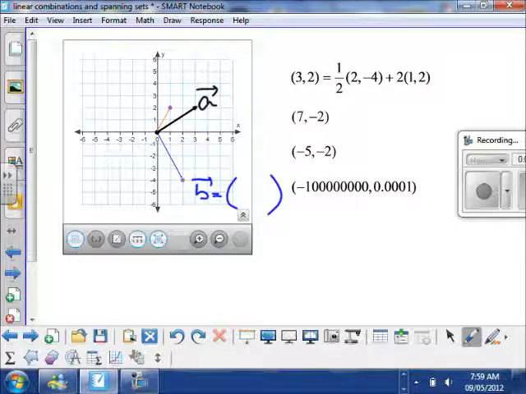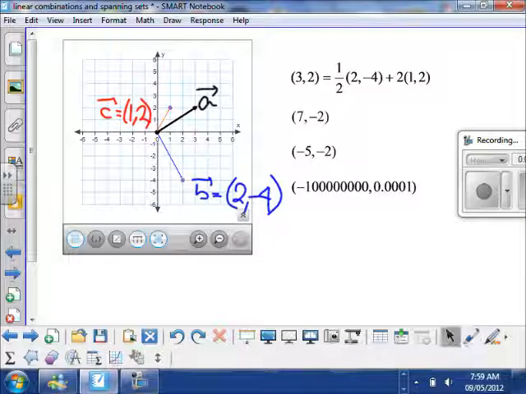The x-coordinate of B is 2, the y-coordinate is -4, so B is 2 and -4. My red vector is vector C, and the coordinates of vector C are 1 and 2.